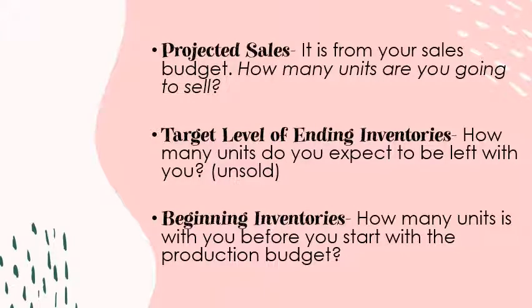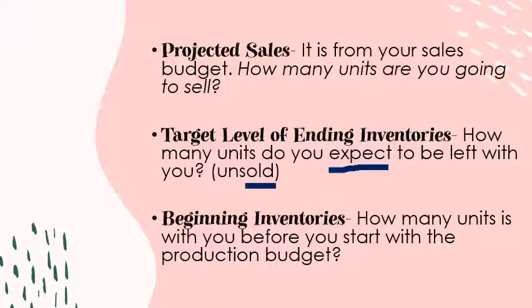Okay, so let's have here some terminology. So, when we say projected sale, it is from your sales budget. Sabi ko nga sa inyo, kailangan mo unin si sales budget. So, how many units are you going to sell? Next, we have the target level of ending inventories, or how many units do you expect to be left with you?